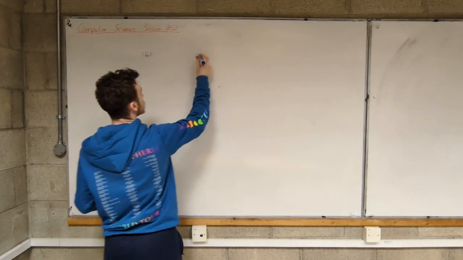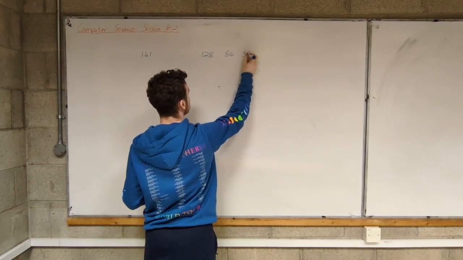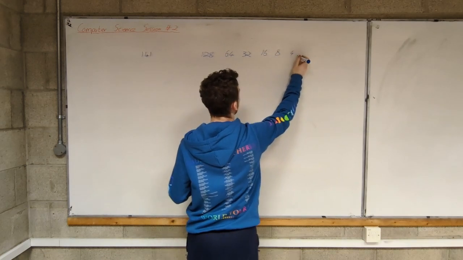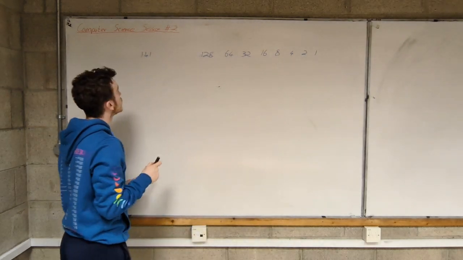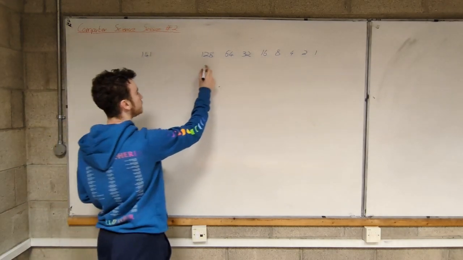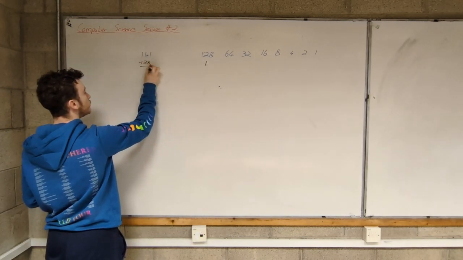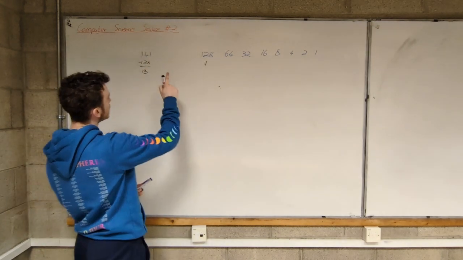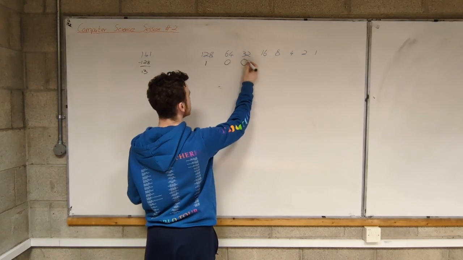So 141. Again, write out your numbers: 128, 64, 32, 16, 8, 4, 2, and 1. Same process again. 128 into 141? Yes. That leaves you with 13. 64 into 13? Nope. 32? Nope. 16?